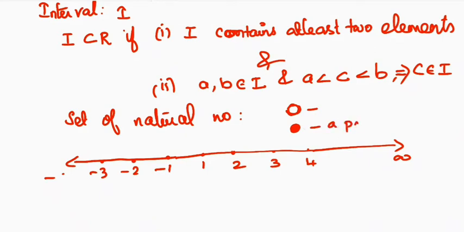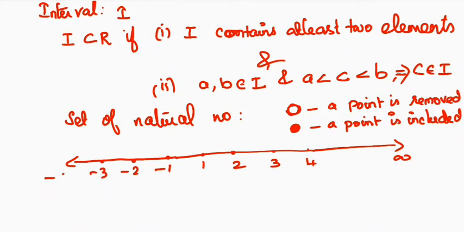Using these, we are going to mark the natural numbers on the real line. So it's 1, next 2, next 3, next 4, and it goes on.